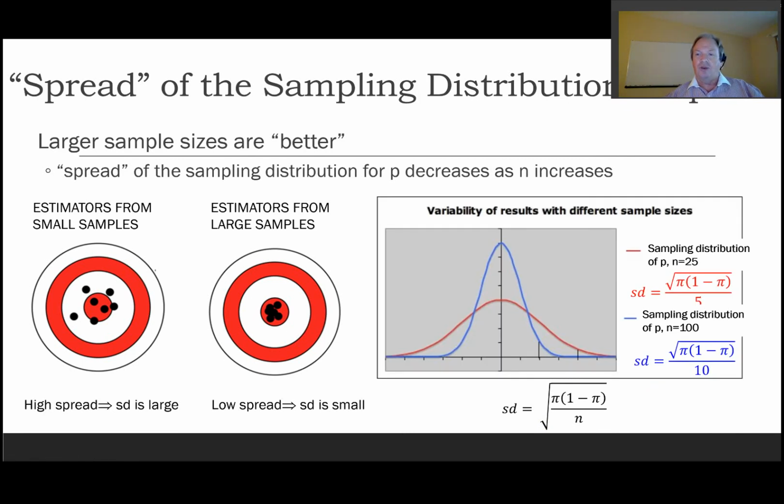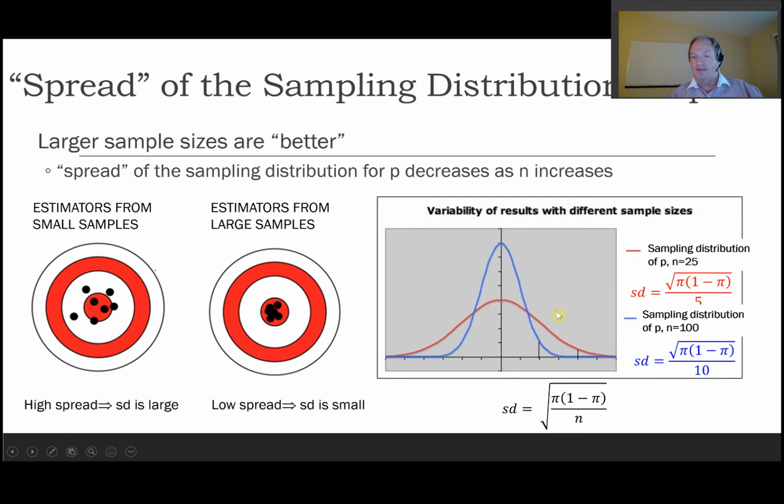And so if we look at this picture, these are sample percentages from the same population using random samples of different sample sizes. So we can see that when we take samples of size 25, using this formula, the standard deviation looks like this. We're dividing by 5. That's how the sample size is coming in, the square root of 25.